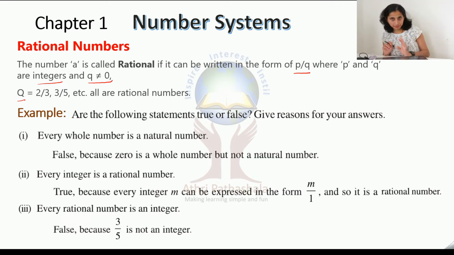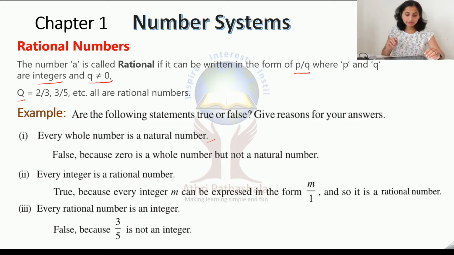Here some statements are given. You have to tell whether the given statement is right or wrong, and for that you have to give the reason also. First one, every whole number is a natural number.